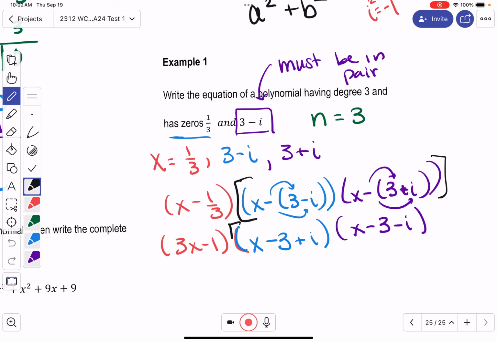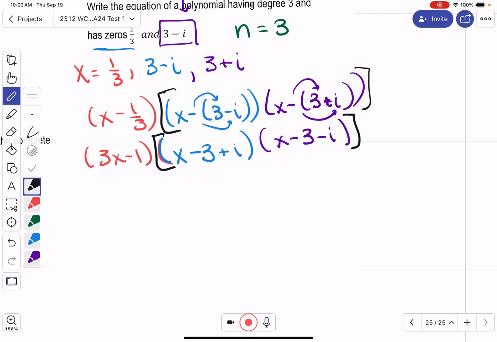So I'm going to multiply the imaginary parts first.